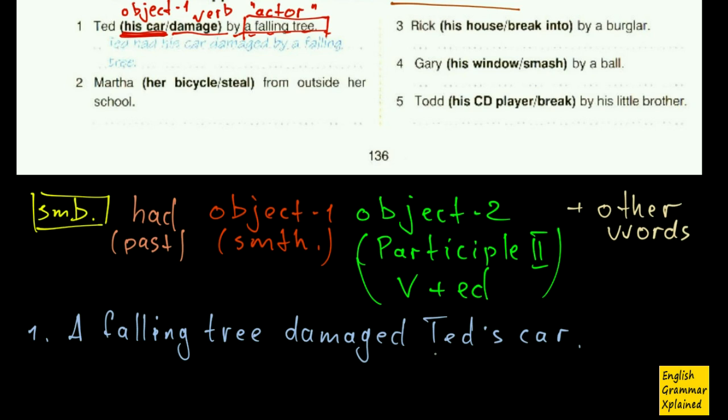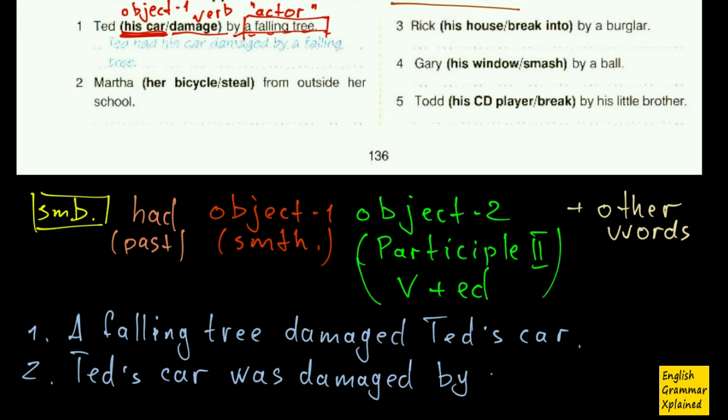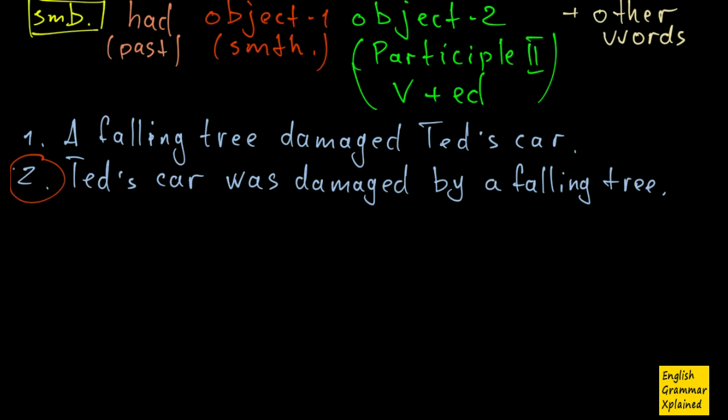However, if I want to make my sentence more formal and more, so to say, academic, I have to use other ways. So, the second way to say it is like this. Ted's car was damaged by a falling tree. This thing is so-called passive voice.